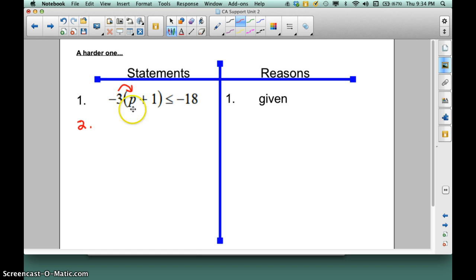So this is negative 3 times p, and then you also do negative 3 times positive 1. And negative 3 times positive 1 is negative 3. You write it down and you just finish writing the rest of the equation. So this is distributing, and so your reason for this would be the distributive property.